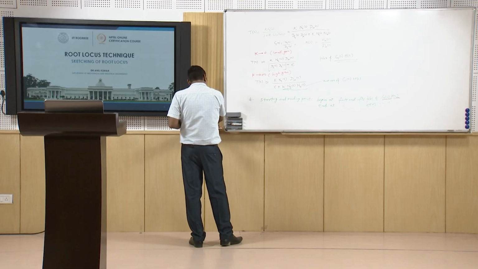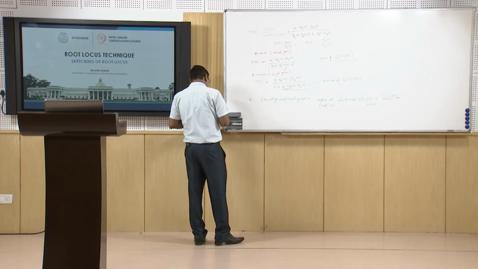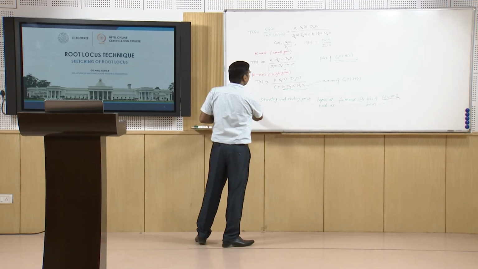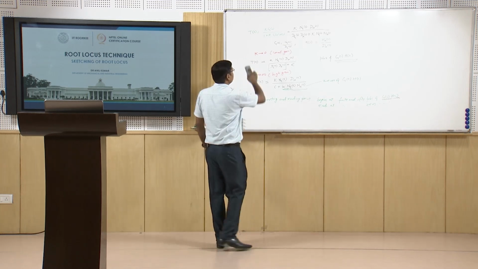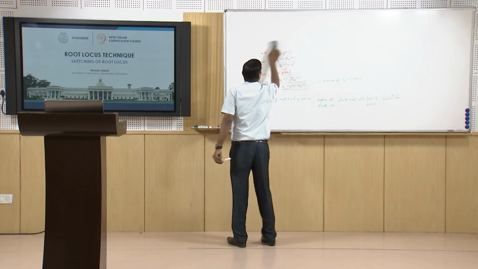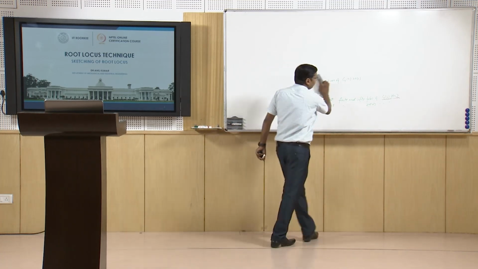Now we should try to discuss one more point about finite and infinite poles or zeros. So finite poles and zeros we understand because we can compute them.